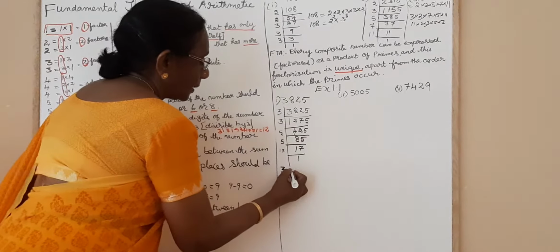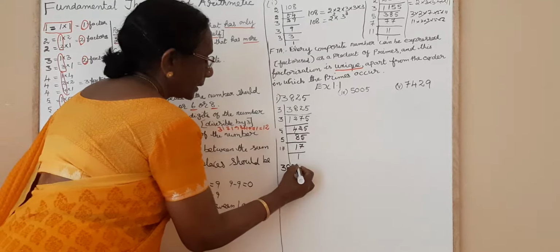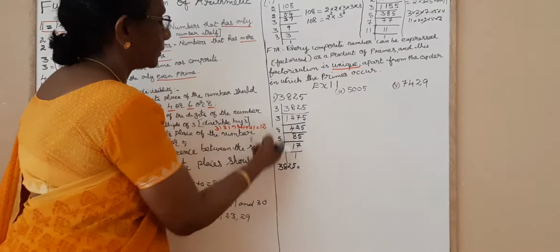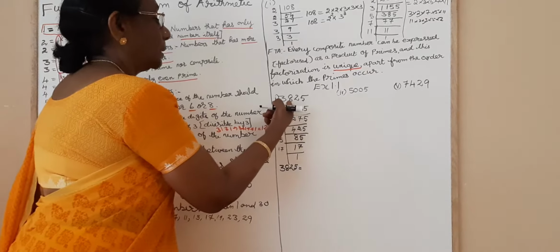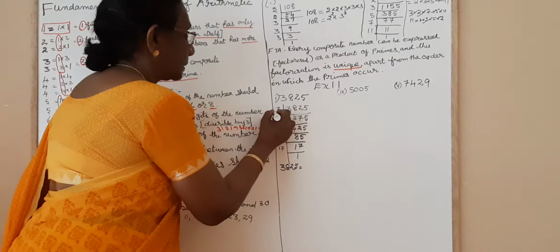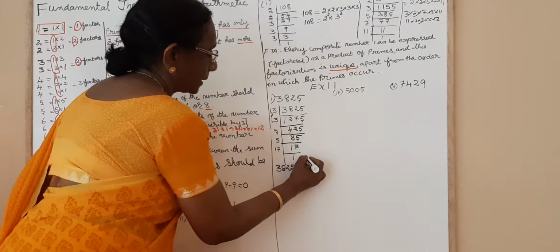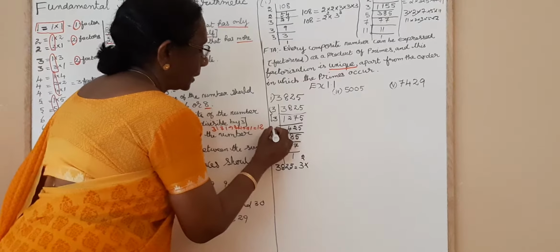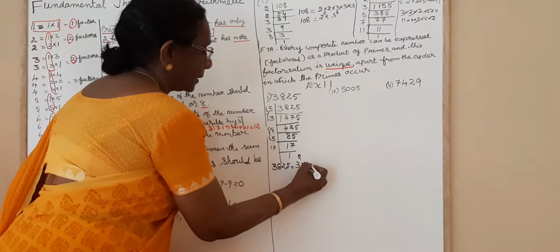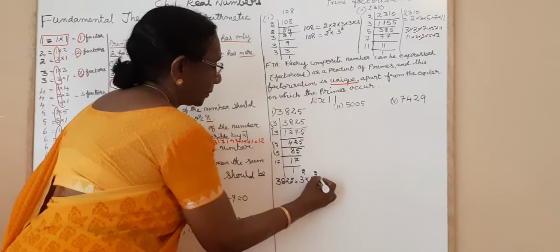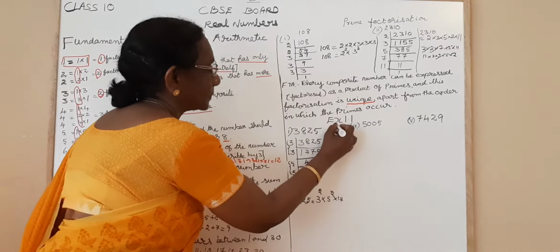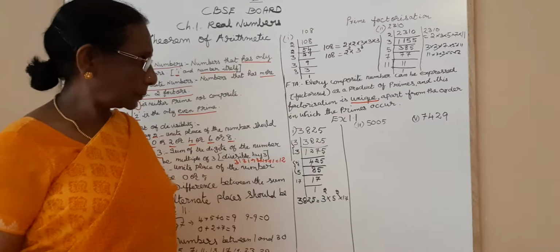So you can write what are the prime factors of 3825. 3 repeats 2 times, so straight away you can write 3 square into 5 2 times, 5 square into 17. Have you understood, children?